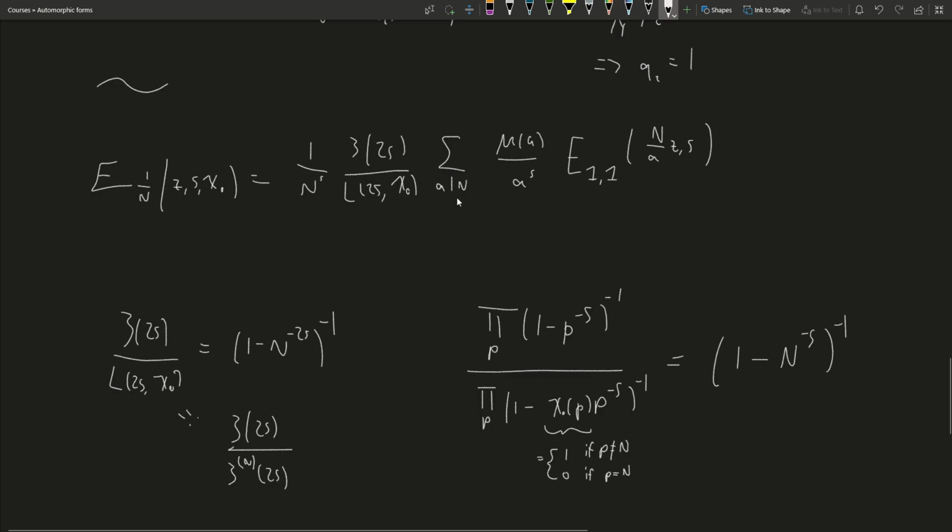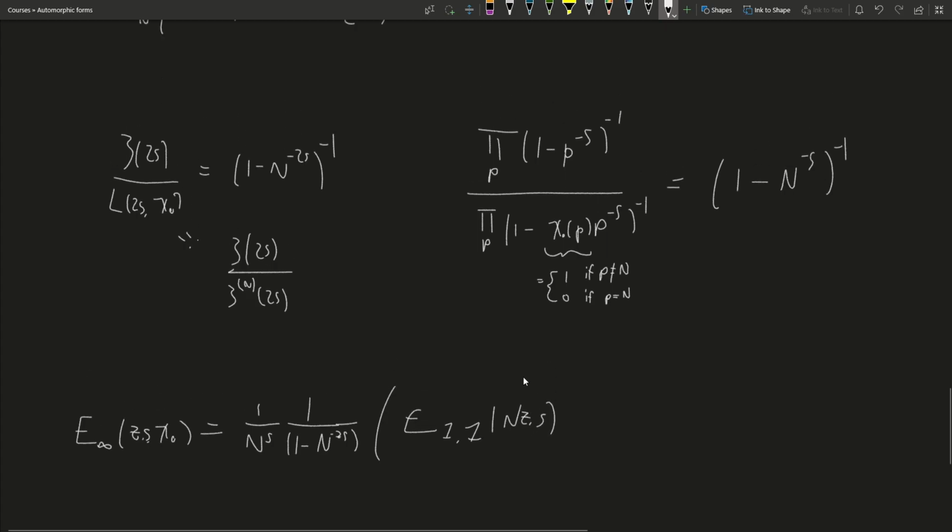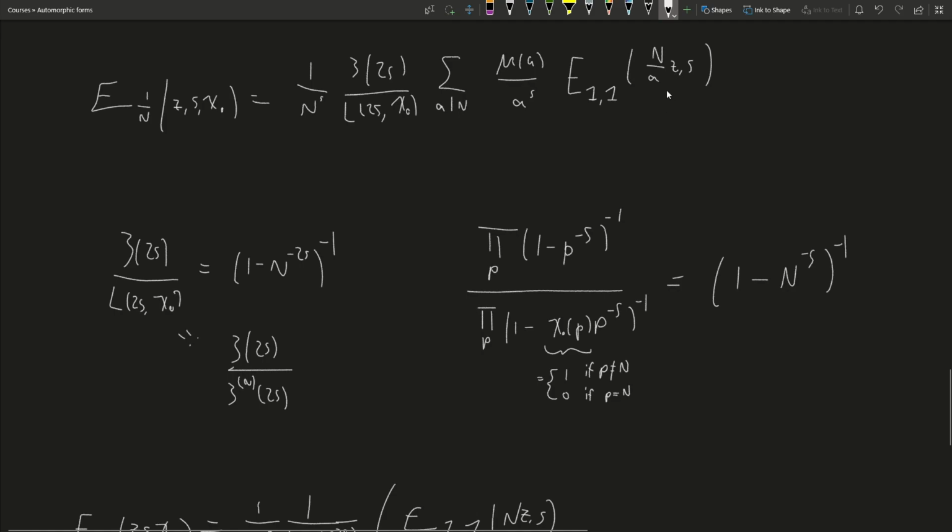And then, okay, when a is 1, what do we end up getting? This coefficient in front is just 1, so we have E_1,1, and then here we have n, z, s, right, it's just n.